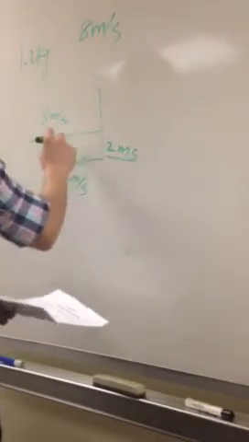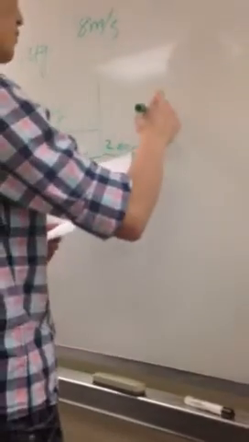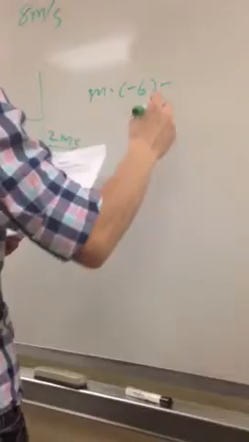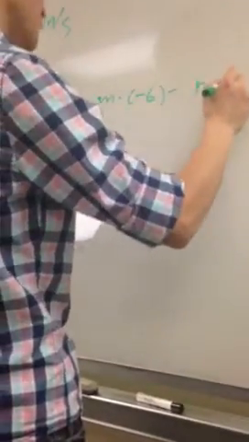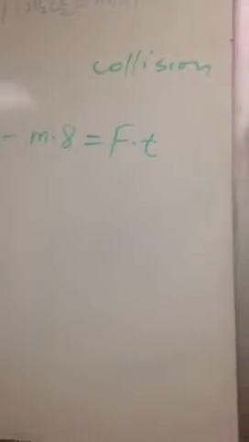The change of momentum will be m times -6 minus m times 8, right? That will be equal to Ft. You understand here?